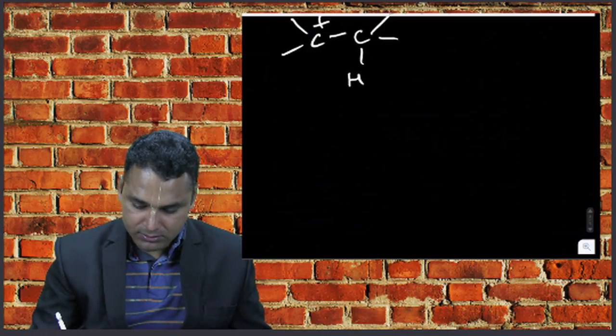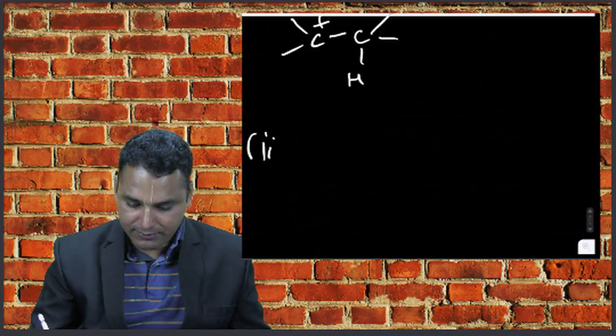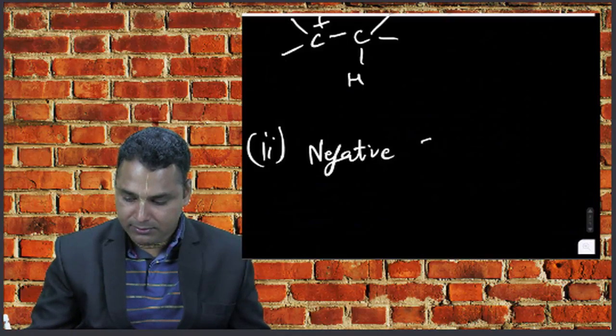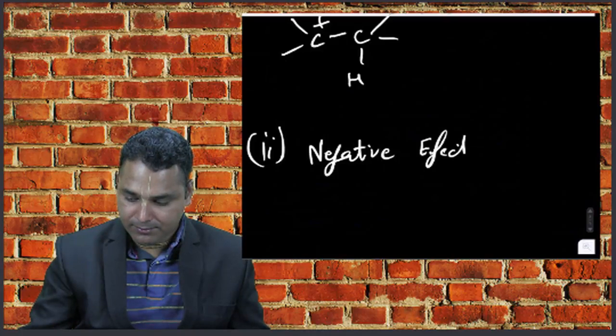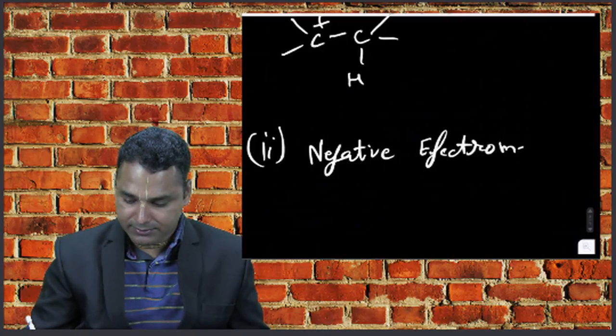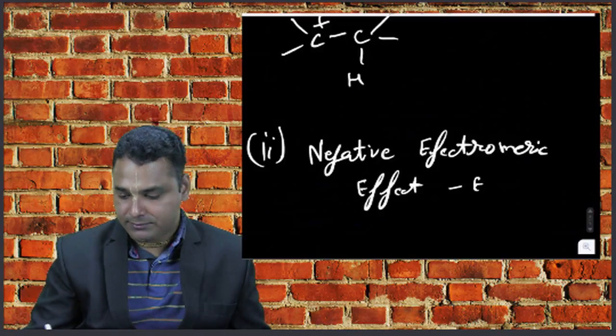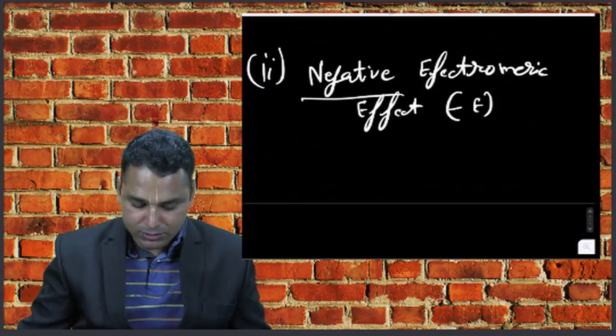Now, what is the negative electromeric effect, or minus E?